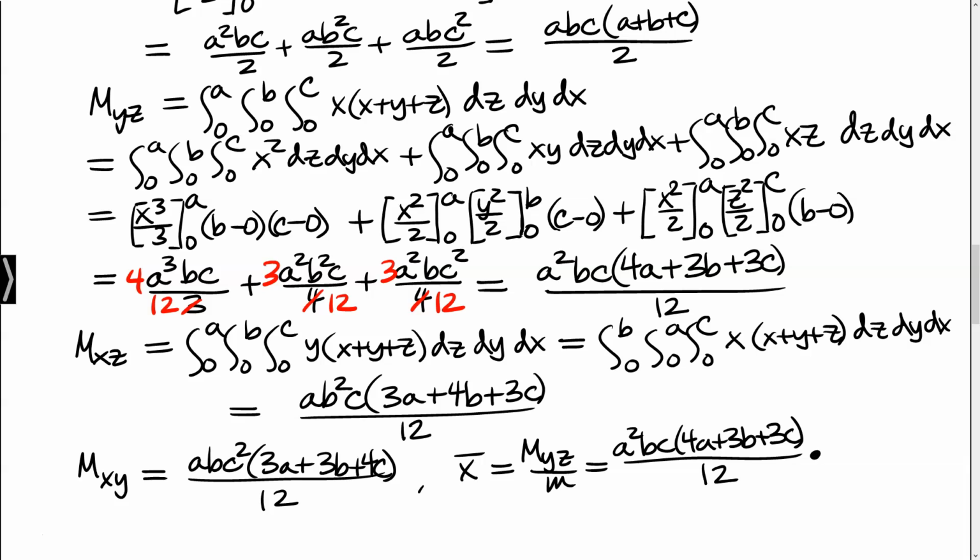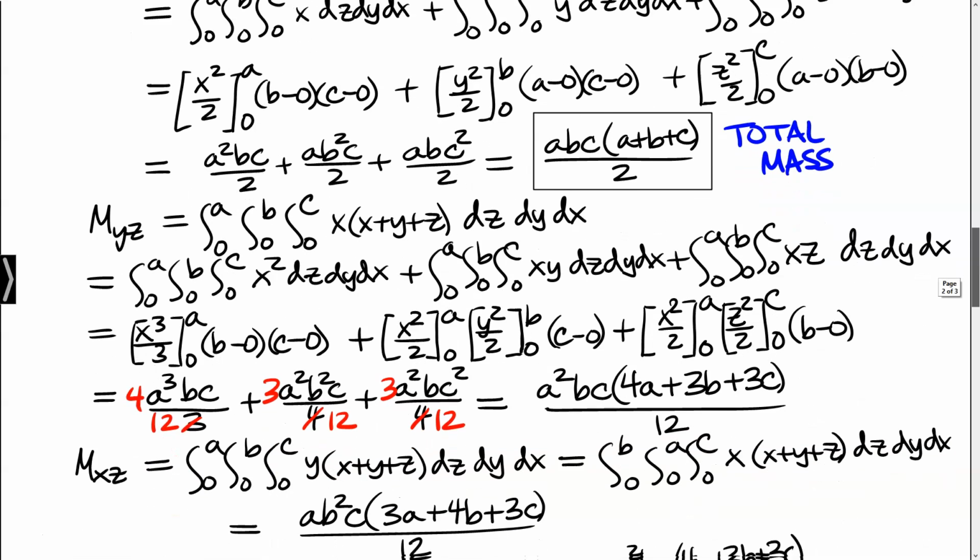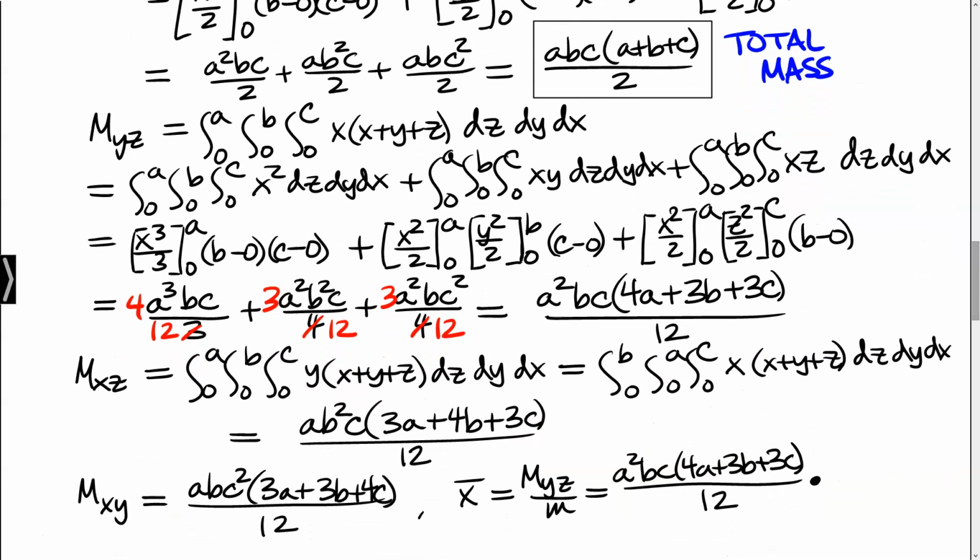So little m was up here. In fact, we were supposed to find the total mass. Let me go ahead and box this and note that it's the total mass. So we're supposed to divide by that, so it's multiplied by the reciprocal, so that would be 2 over ABC, A plus B plus C.